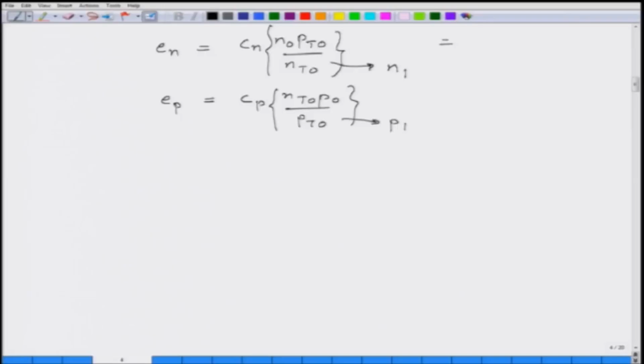Then it becomes a shorthand, and we can write this as C_n n_1. Now, n_1 is a new parameter. What is this parameter? n_1 is equal to n_0, the equilibrium concentration of electrons, times the number of equilibrium traps which are not occupied by electrons divided by the number of equilibrium traps which are occupied by electrons, and p_1 is p_0 times n_T0 over p_T0. So, we have a shorter notation for writing the emission coefficient in terms of the capture coefficient.